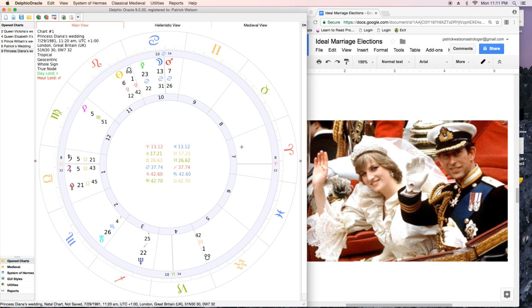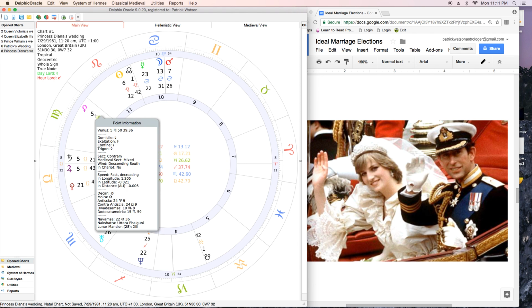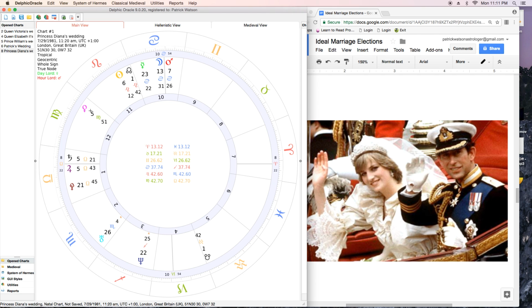And then the descendant is ruled by Mars, which is contrary to sect, and it's also in its worst sign, in Cancer. And then Venus is at 5 degrees Virgo, and its next aspect is an applying sextile directly to Mars in Cancer.